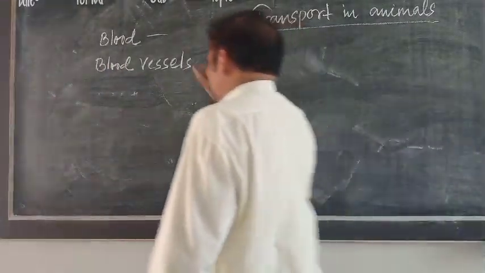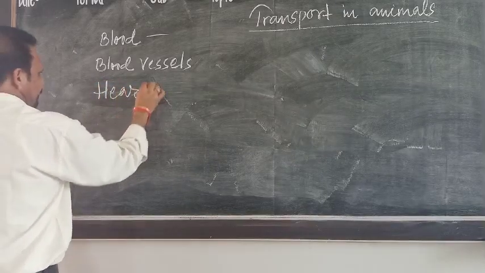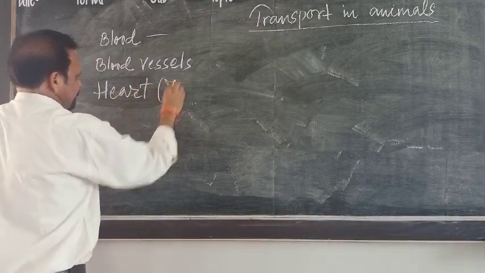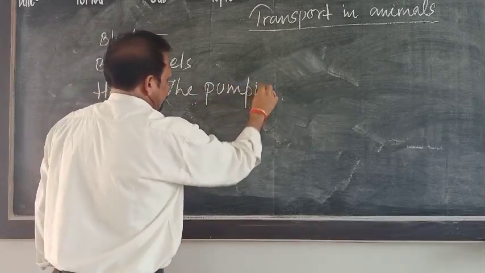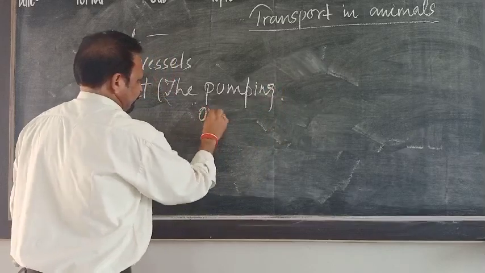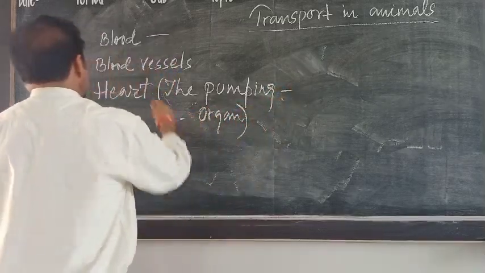Second one is blood capillaries, blood vessels, and third one is heart. Heart is also known as the pumping organ. So let's see one by one.